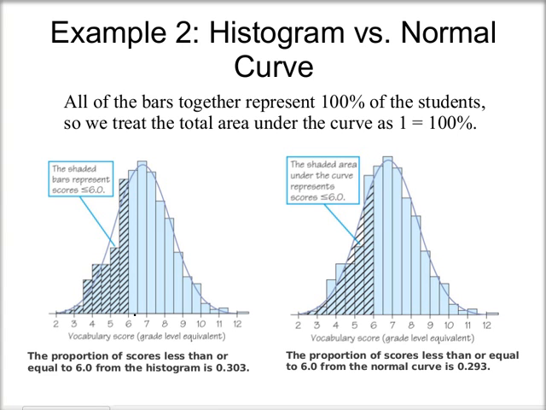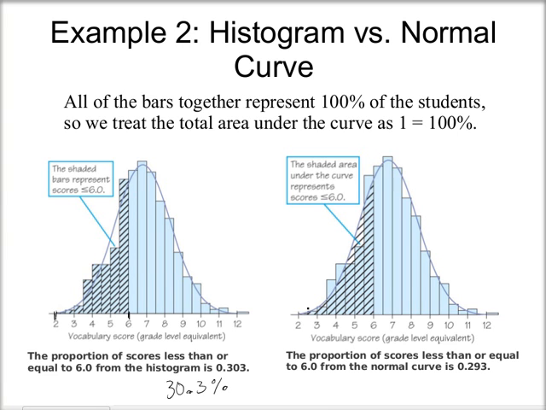So in my histogram, if I want to find a proportion of the scores in an interval, I look at an interval, say from 2 to 6 on my histogram, and I add up the areas of all the bars, and then I divide that by the total area of all the bars to give me the proportion of scores in that interval. So here, adding up the area of the bars, I get a proportion of 0.303 or 30.3%.